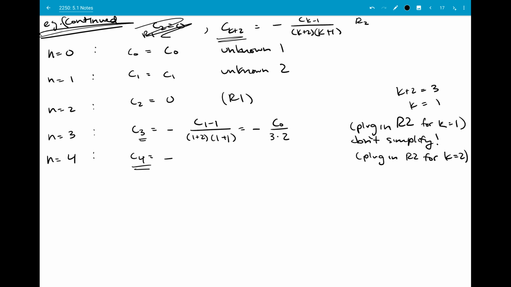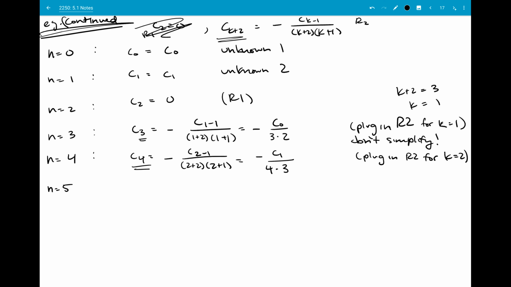So that means C4 is minus C_{k equals 2, so 2 minus 1} over 2 plus 2 times 2 plus 1. So that's minus C1 over 2 plus 2 is 4, 2 plus 1 is 3.